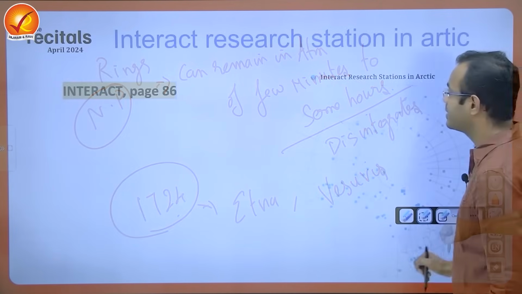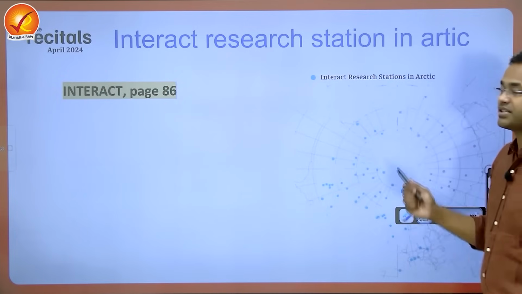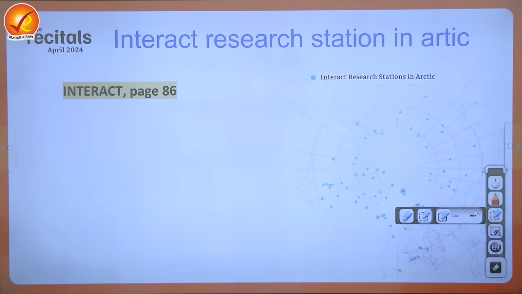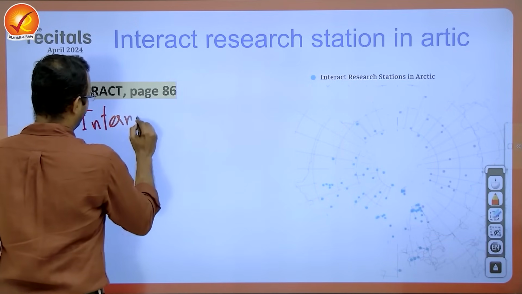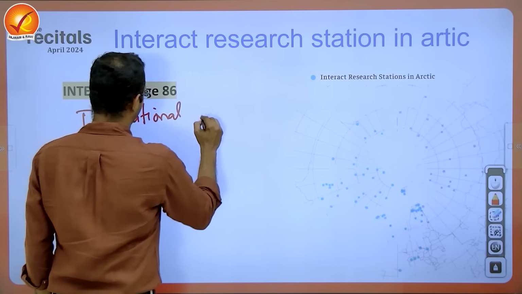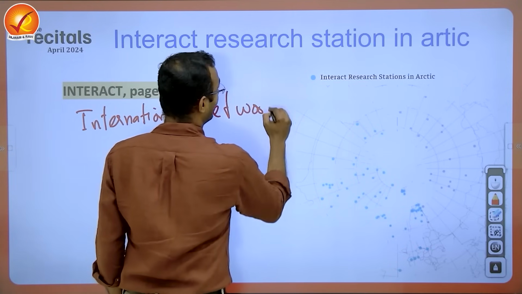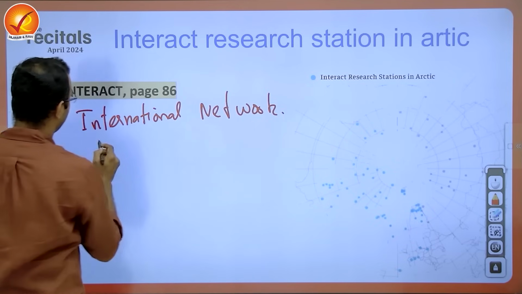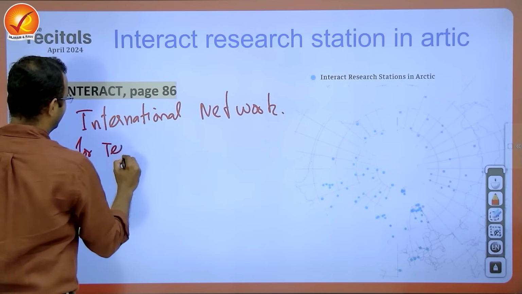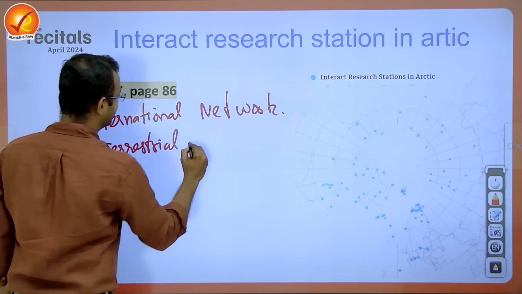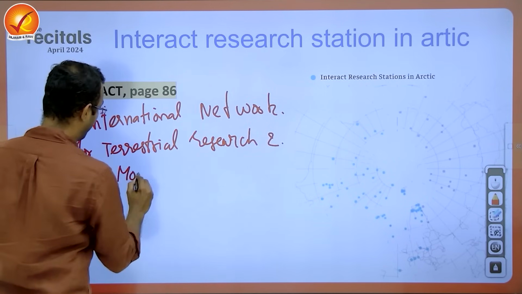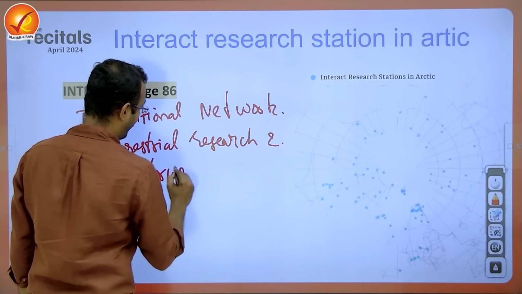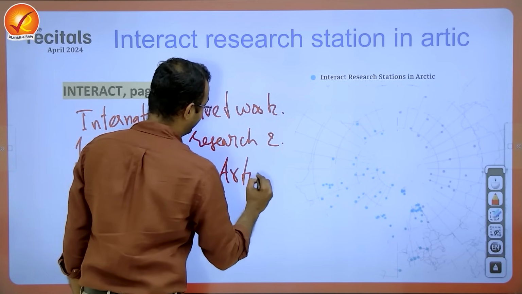Moving on to the next. The next topic will be INTRACT research station in Arctic. This INTRACT stands for International Network for Terrestrial Research and Monitoring in Arctic.